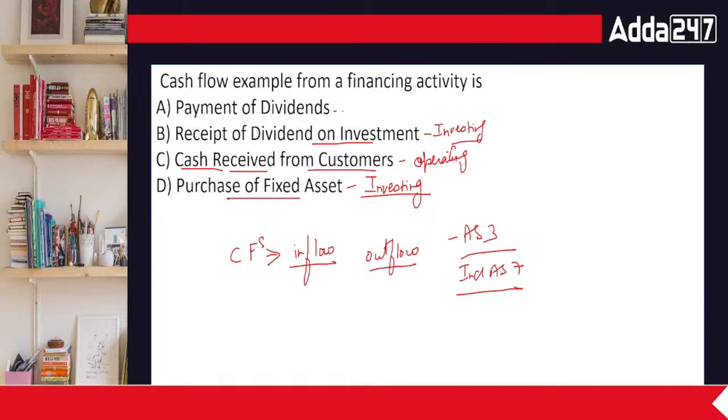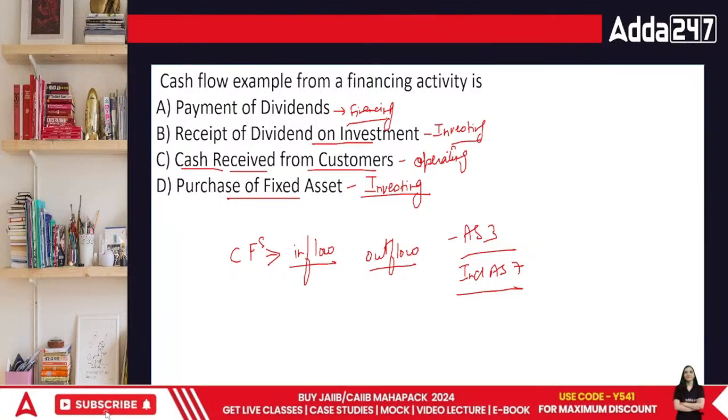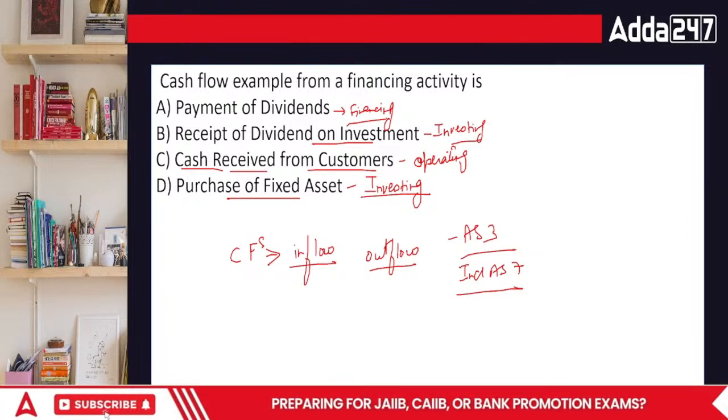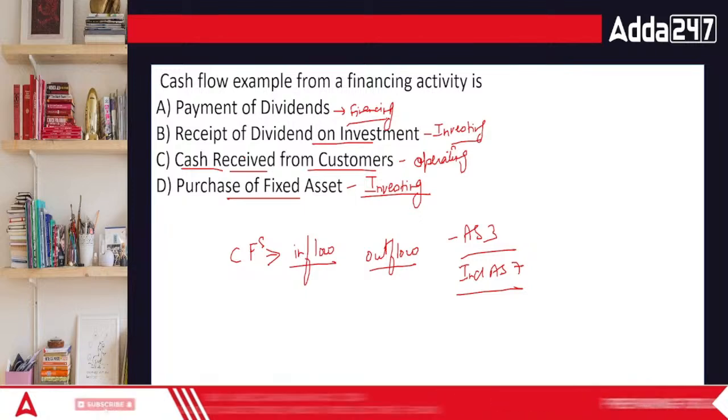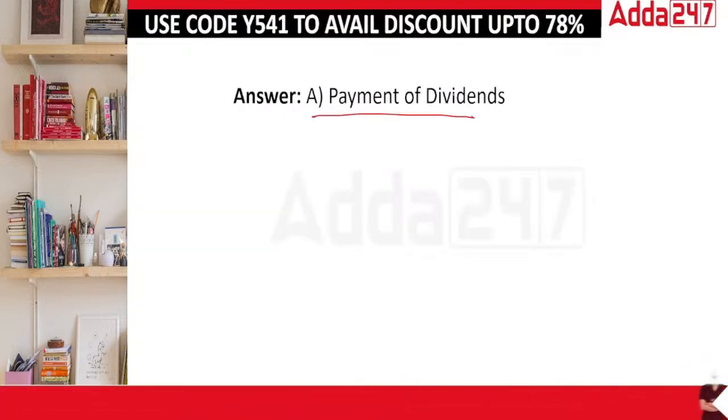The last point is financing. You have to keep your equity shareholders happy in order to get the money in future and to have a good value of your share as well. If the equity shareholder is annoyed with you, it will not work. So the answer is payment of dividend.